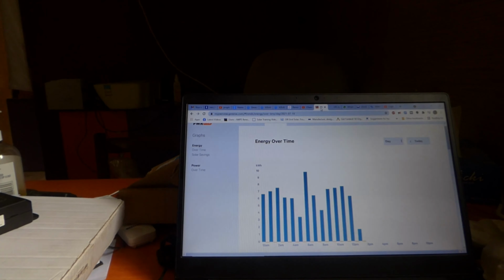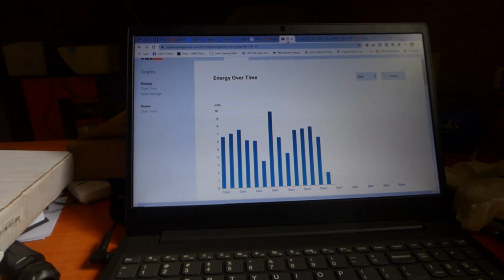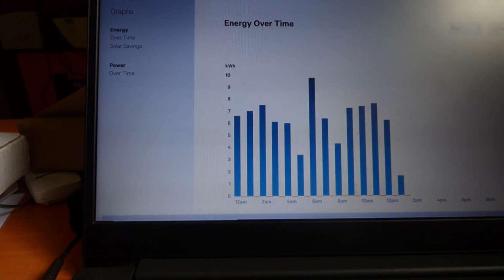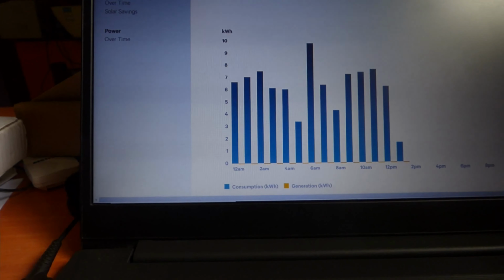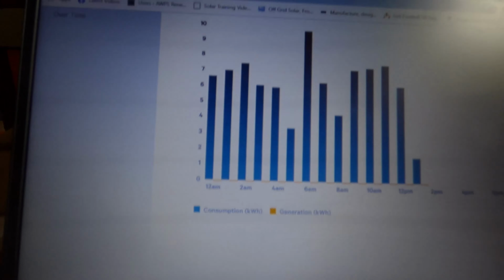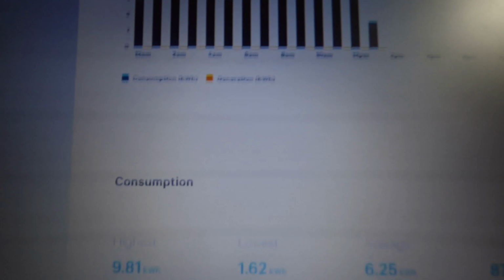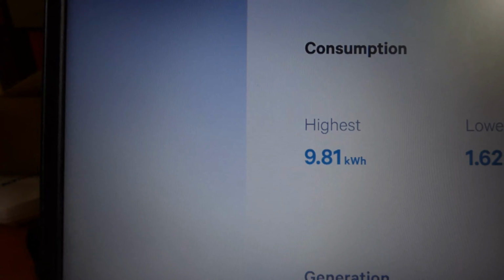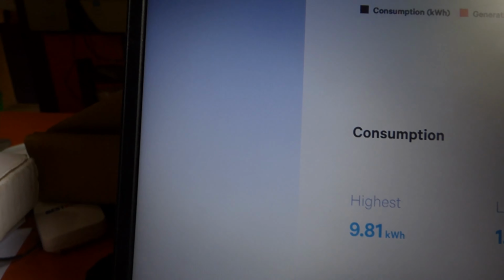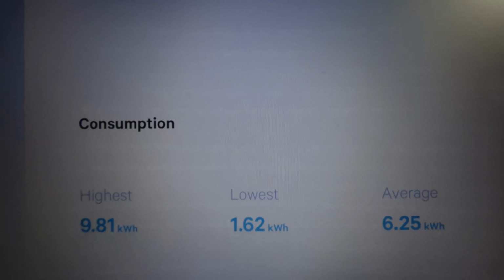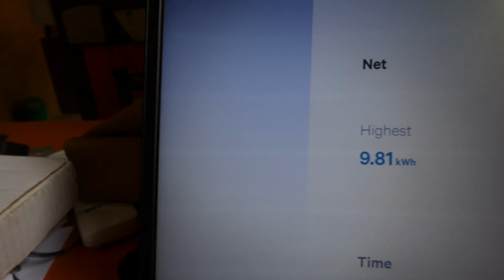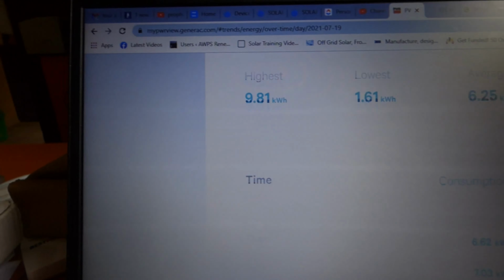So we'll see what they're producing. In this case, here's a house with no solar power, and we've been monitoring what they've been doing for a week now. Let me show you. You can see the graph, and it shows what the highest was today, 9.81 kilowatt hours, and the lowest, 1.62, and then what the total is, and it shows you net numbers, what the average is.